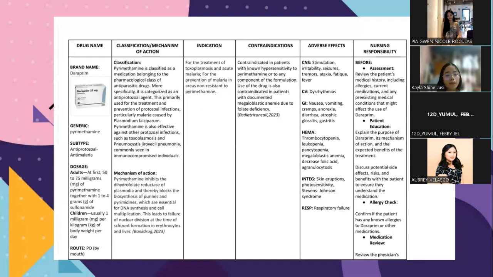So pyrimethamine is used typically in combination with other medication, like sulfadiazine, for the treatment of this infection, and it works by inhibiting the enzyme dihydrofolate reductase in the parasites, which disrupts its ability to replicate and survive, and this helps to control the infection and alleviate the symptoms associated with toxoplasmosis.